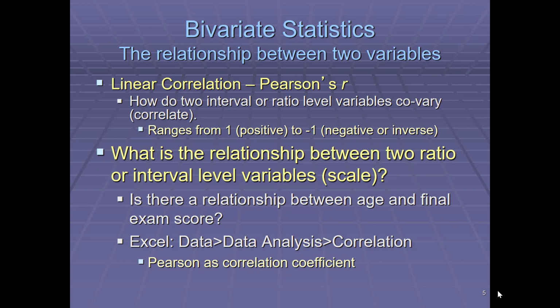The correlation ranges from +1 to -1. Whenever we're looking to see if there is a relationship between two variables, we can do a correlation. But again, remember, both of the variables have to be at the interval or ratio level.